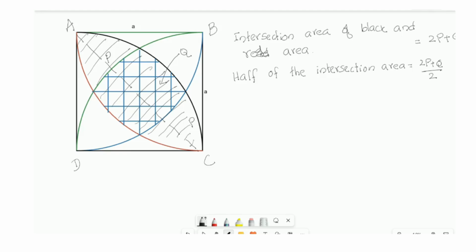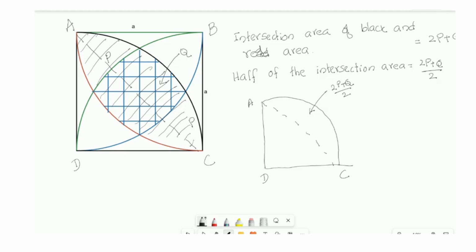Now I will draw the arc, that sector, separately. So that is this one. Say this one is A, D, C. So if I draw this AC, this area is equal to (2P plus Q) divided by 2.